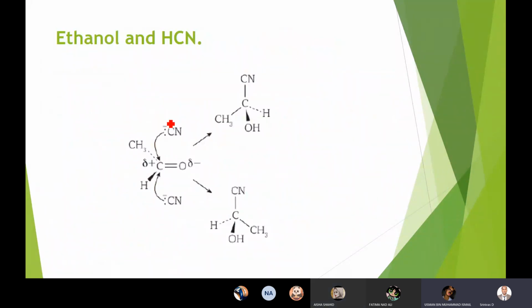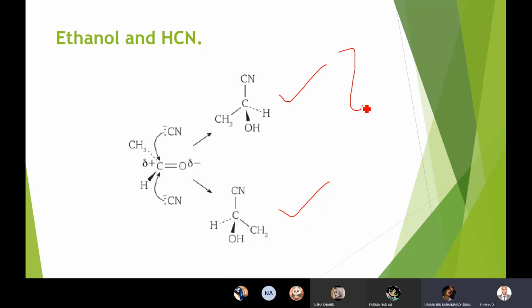Here, ethanal and HCN, this is what I was explaining. If CN comes from above the plane, this is your product, and if CN attacks from below the plane, this is your product. One is above the plane and one is below the plane, so there is a change in the position of the hydroxyl group.